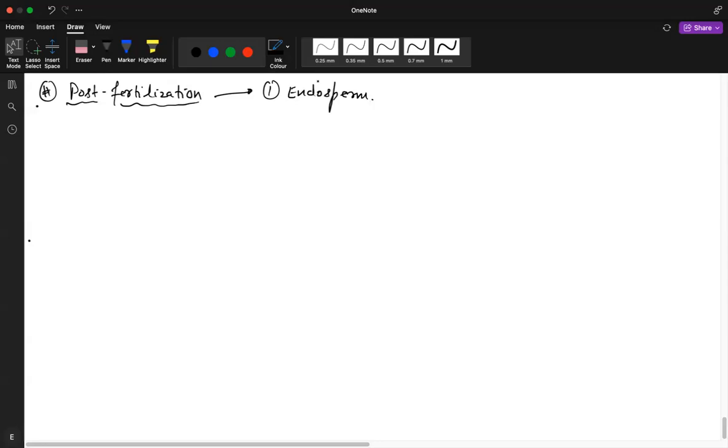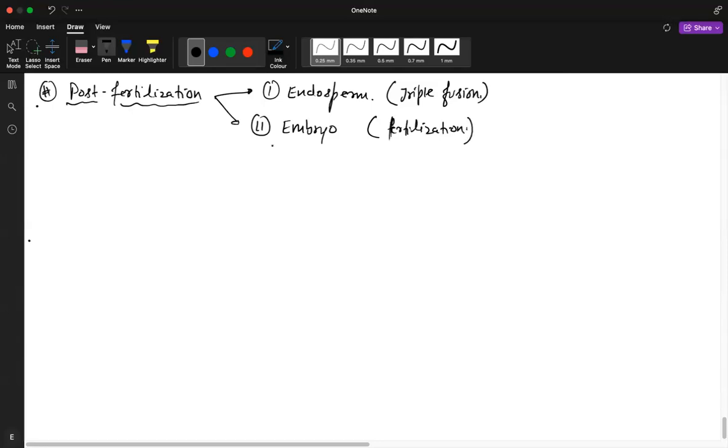Is that correct, everyone? So I'll write it. It's a result of triple fusion. And the second thing that is produced is the embryo itself, which is a result of the fertilization event.